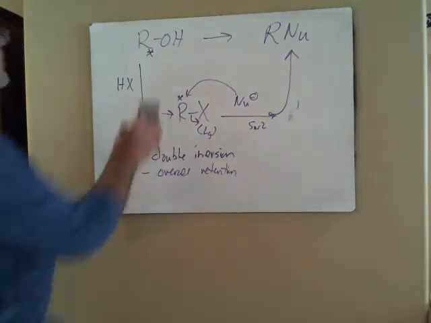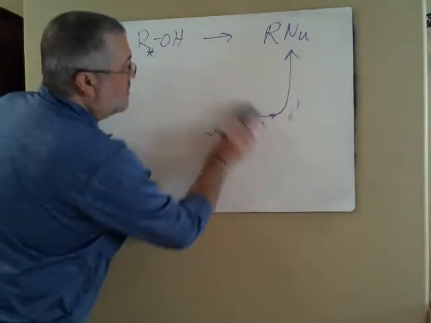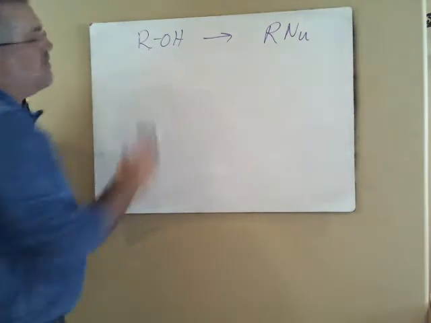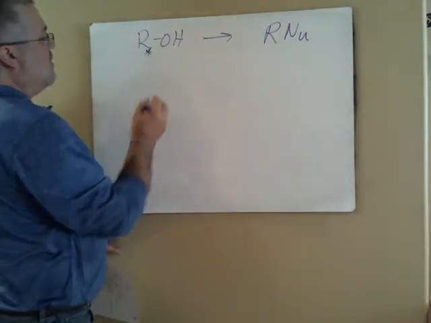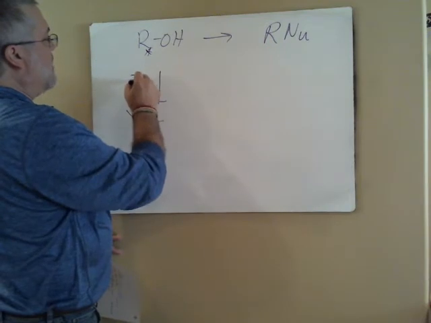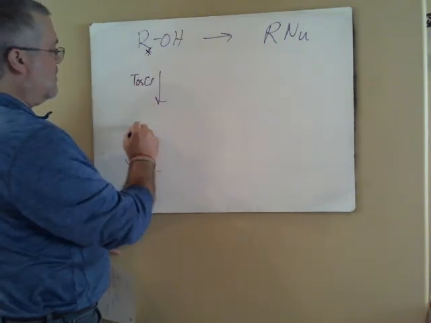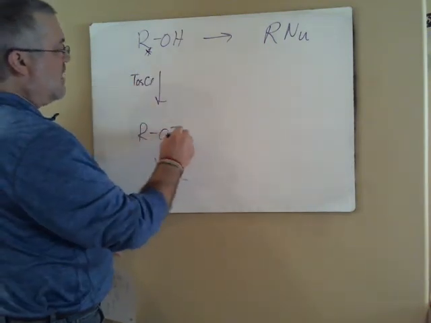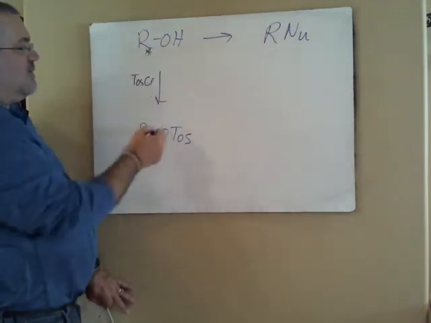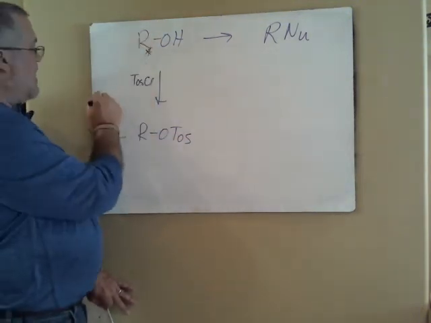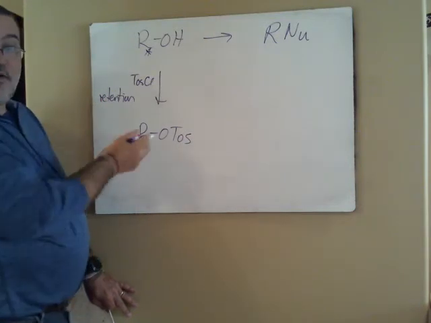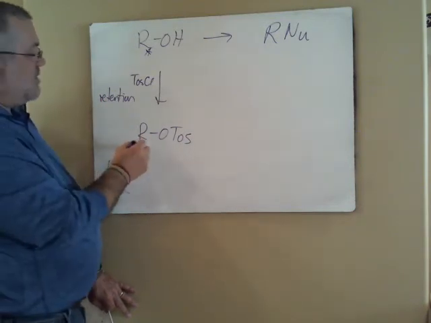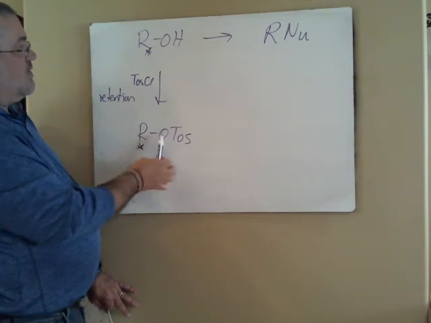However, if you instead use the strategy where you convert this into a tosylate, now I have a chiral alcohol, and I'm going to treat it with tosyl chloride. And when I do that, I'm going to form this tosylate. But this step is retained. So it's retention of stereochemistry, because nothing has happened to the C to O bond.